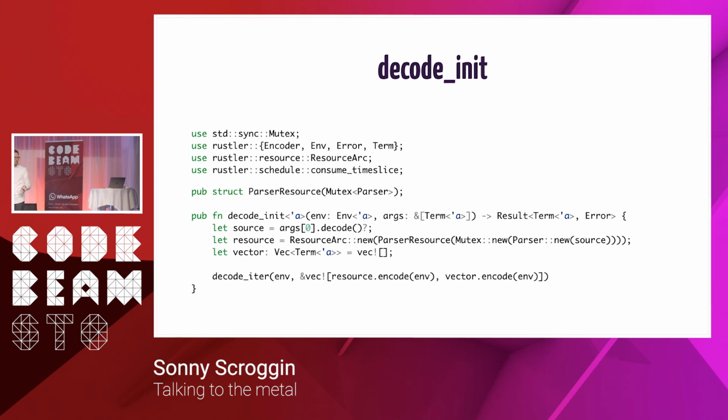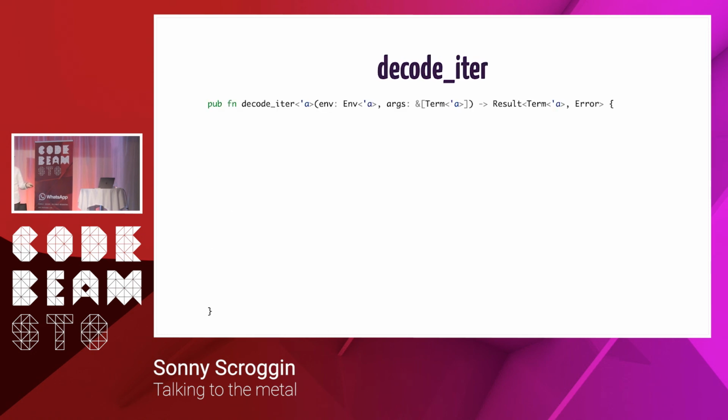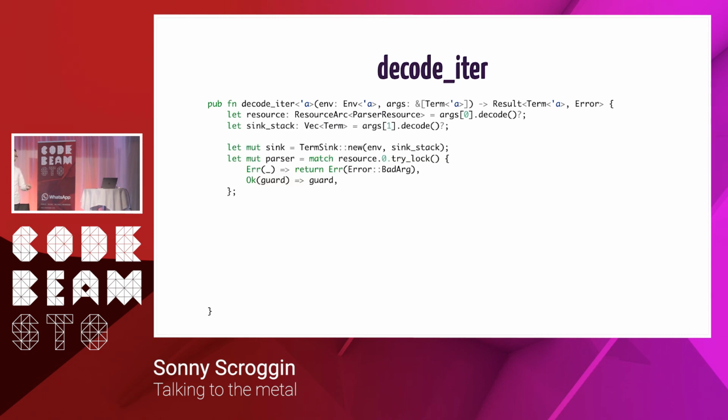This decode iter function is very similar. It gets all the stuff out that was passed to it, creates a sync stack that we can stick terms into, and then we call our parser, and our parser grabs and tries to get a lock on that mutex, on that inner value. If we can't get a lock on it, then we just throw a bad arg message. And then here we have this while not consume time slice.